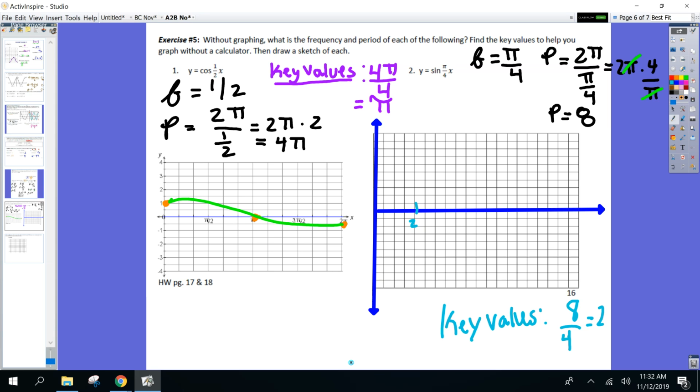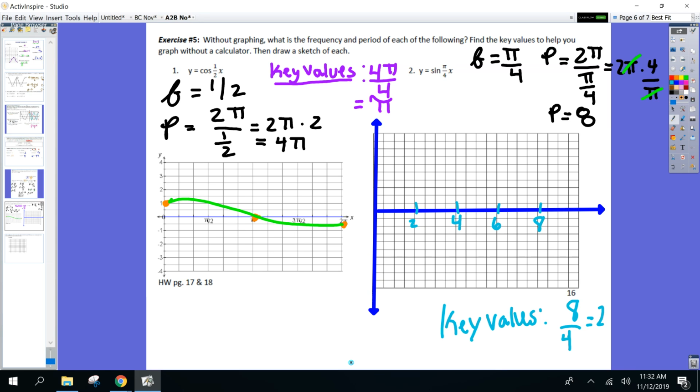Ready? What's my next one got to be? You're going every 2. 4. 1, 2, 3. What's the next one? 6. And what's the final one? And how do I know that's where to stop? That's where the graph should end because that was the period.